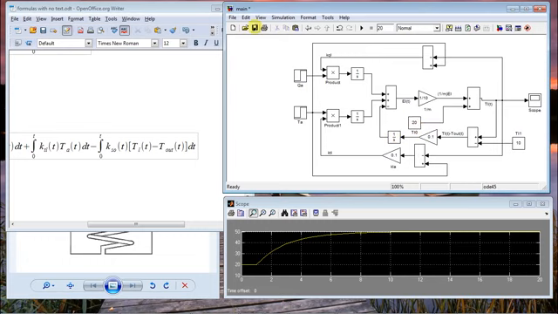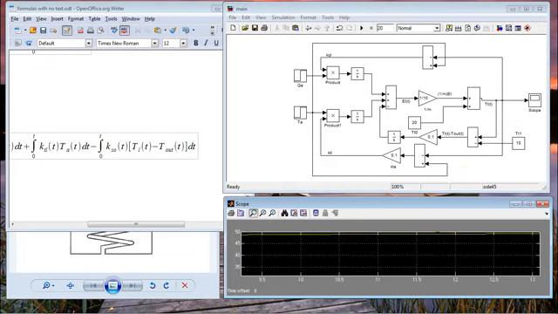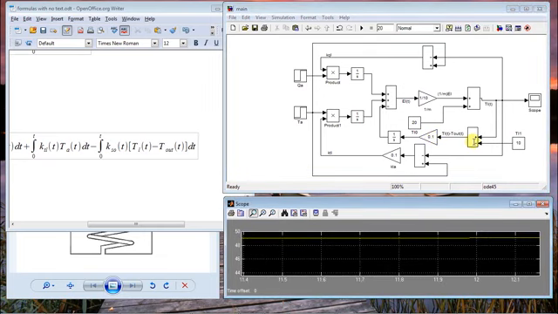Let's see what the system behaves like now. And sure enough, it can't reach the value of 50 anymore. Because now the outside temperature also has an influence over the liquid temperature.